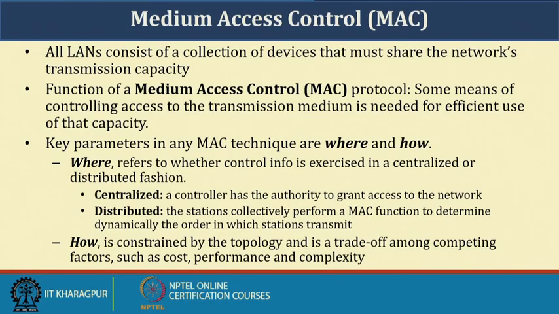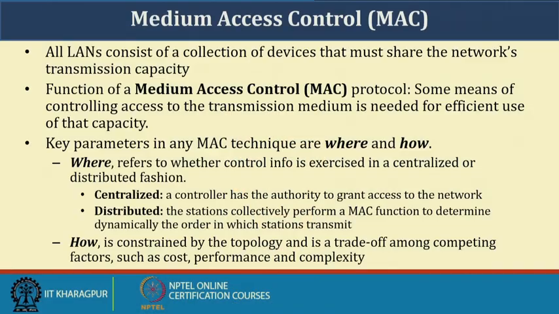There are two things we are looking for, where and how. Where refers to whether the control is exercised in a centralized or distributed fashion. In the centralized case, a controller has the authority to grant access to the network. There is a centralized controller who says how things will be accessed and who comes after whom. In the distributed case, the stations collectively perform a MAC function to determine dynamically the order in which the stations transmit.